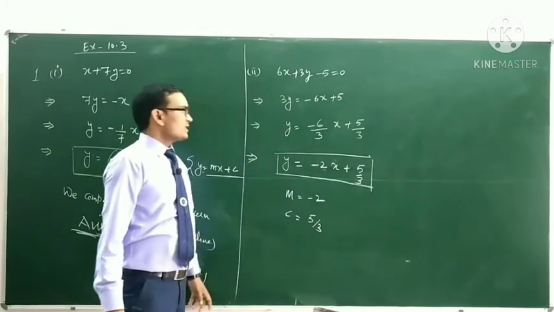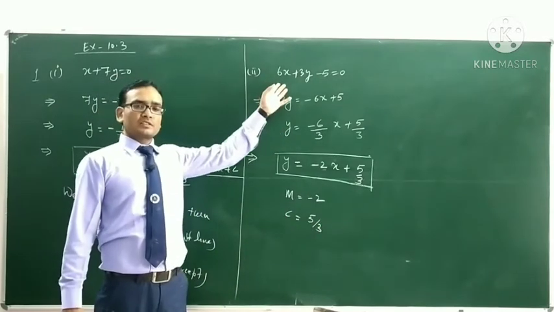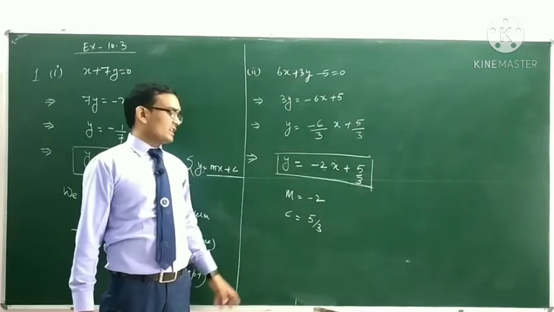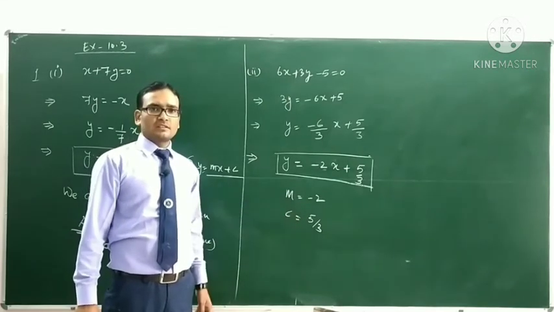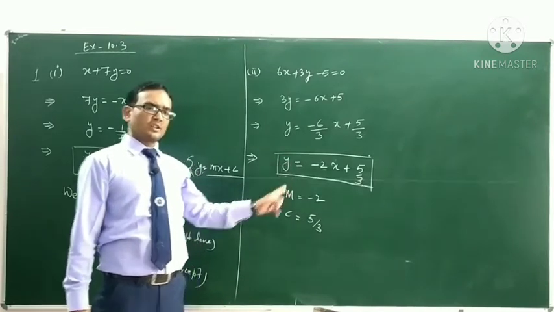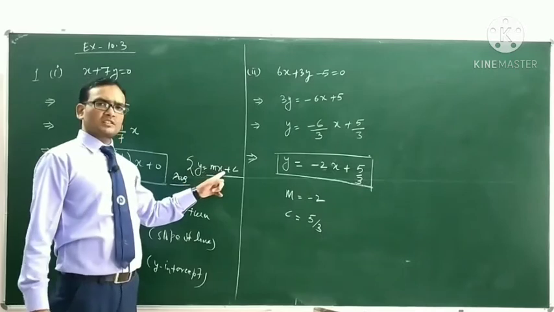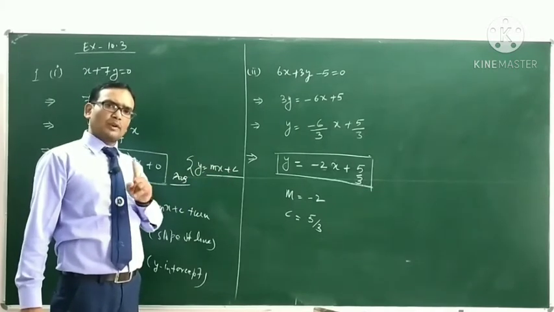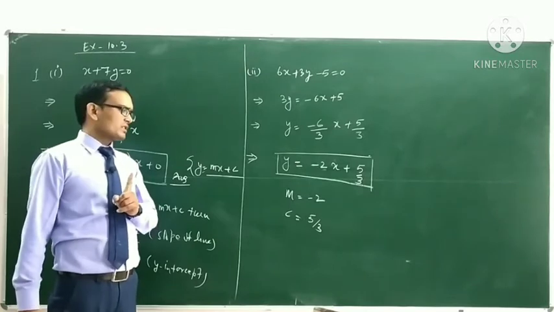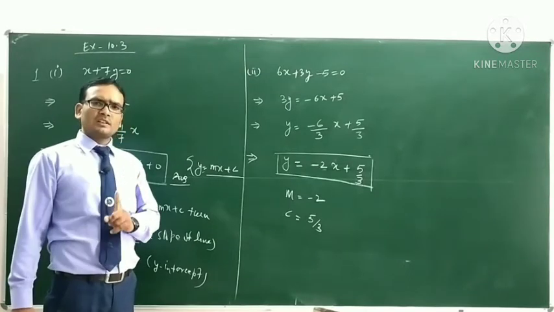Okay students, the slope of the given line is minus 2 and the y intercept is 5 by 3. We compare this equation with y equal to mx plus c and find the value of m equal to minus 2 and the value of c equal to 5 by 3.